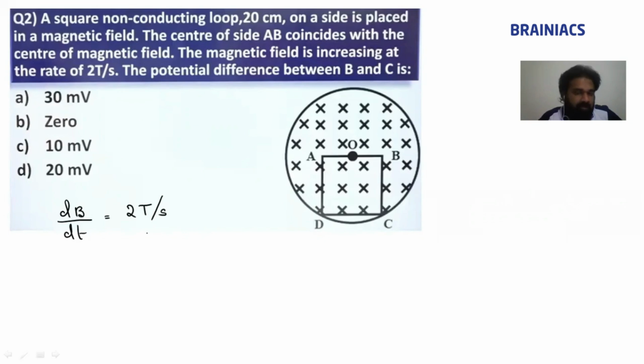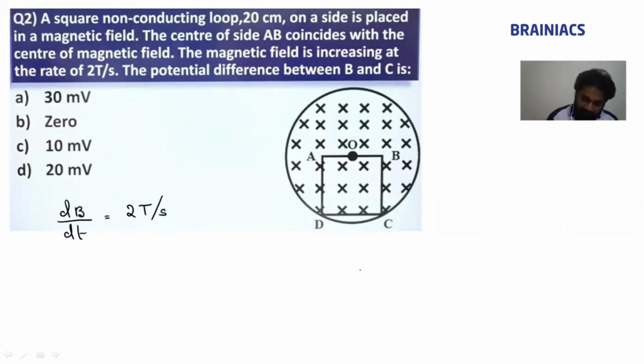If this magnetic field is increasing, then what will the induced magnetic field do? The induced magnetic field will try to decrease this. So if it tries to decrease this cross magnetic field, the induced magnetic field will be a dot magnetic field.